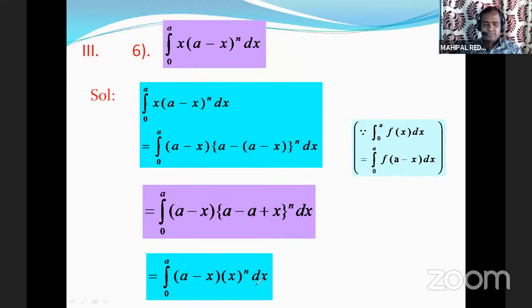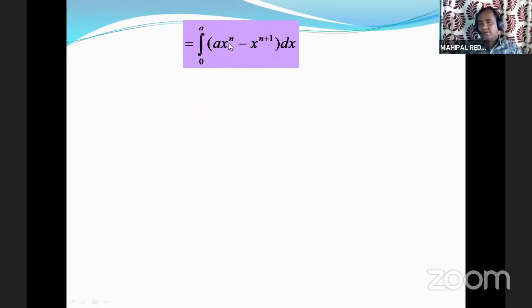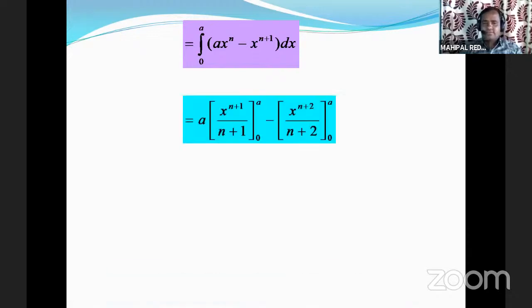So what is the next step here? Multiply the x power n within the bracket two terms. So it is integration 0 to a, a into x power n, because a multiplied with x power n. It becomes now a into x power n minus x into x power n. X into x power n is x power n plus 1, dx.